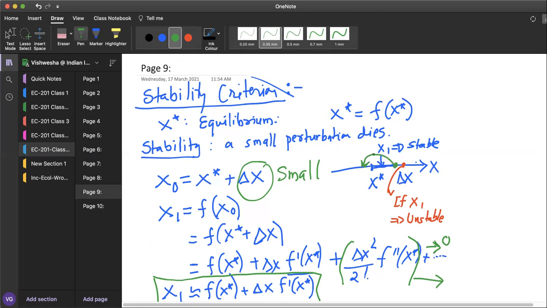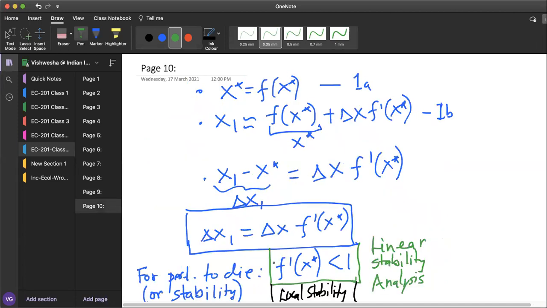When you jump across the equilibrium, what is important is not the length of the jump you made. You still have to check whether the new distance, the mod of the distance between x star and the new location, is larger or smaller than the old distance. If you account for that, you will find that the other sign also comes up.